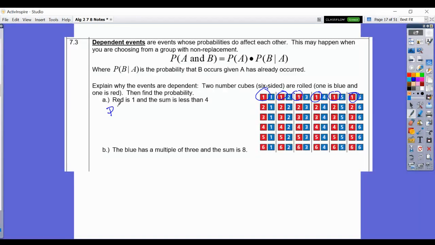The probability of a red 1 is 6 out of 36 or 1/6. Okay, what's the probability that the sum is less than 4? Well, the sum is less than 4 is these, and these add up to 4, which I don't want. So just these 3 answers are less than 4.